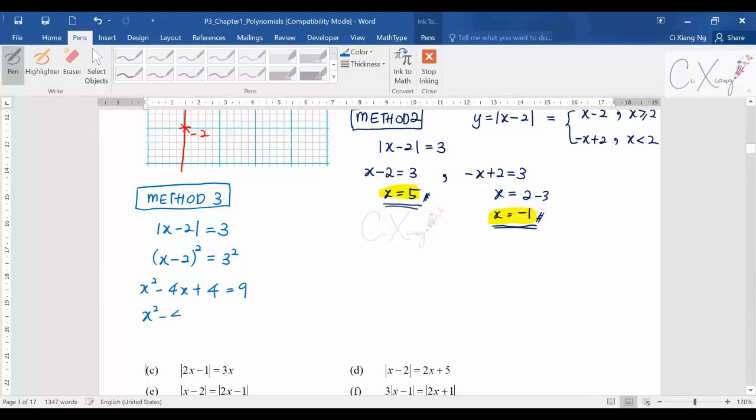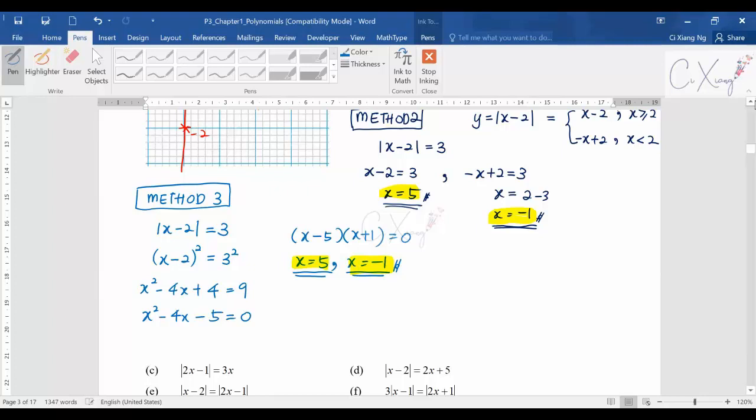Then x squared minus 4x minus 5 equals to 0, and then you factorize it. From here, you can see that you get the same answer as the previous method: x equals to 5 and also x equals to negative 1.